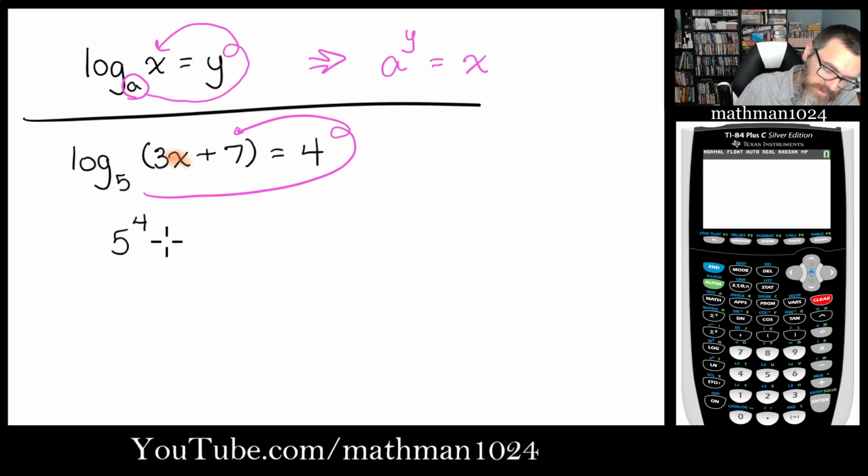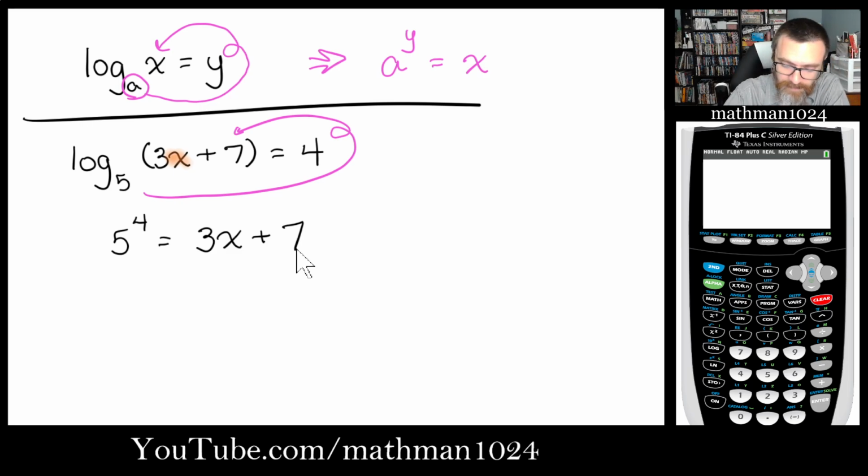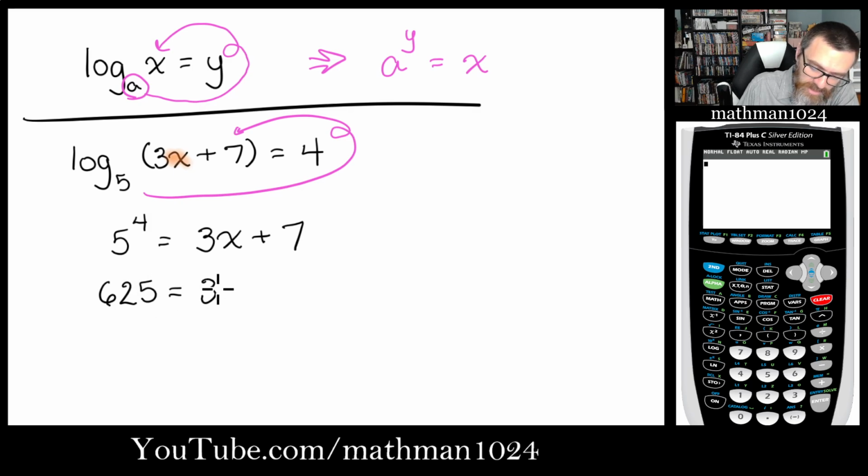So 5 to the 4th will equal the expression inside, 3x plus 7. All right. So 5 to the 4th, again, you can use the calculator, but we should know 5 to the 4th is 625 equals 3x plus 7.